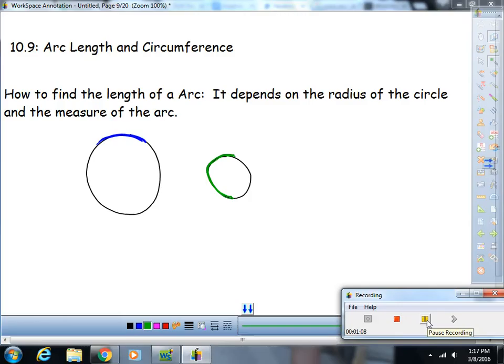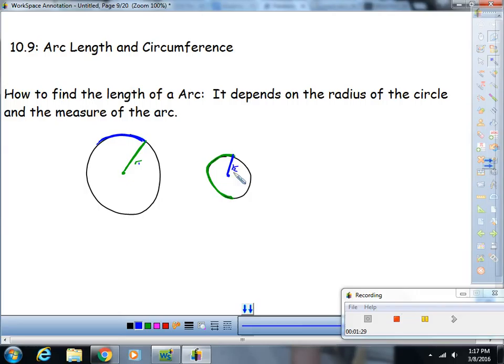So, what determines the length of an arc? There's two things. How big is the radius? Notice that that radius is bigger than this radius. And also, how many degrees is the arc? So how big is it in measure?